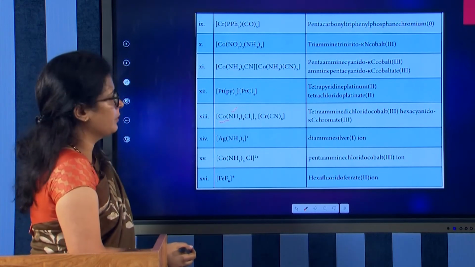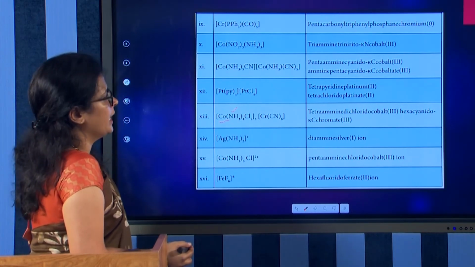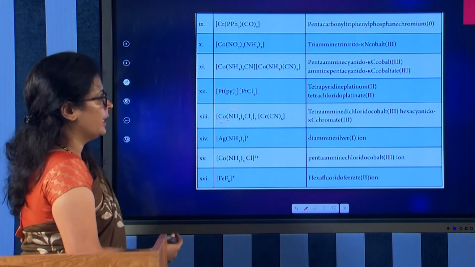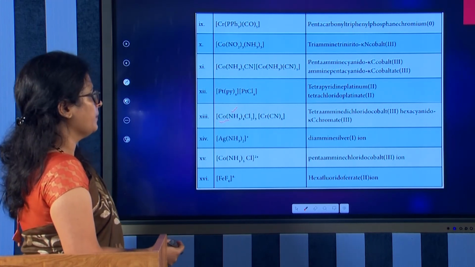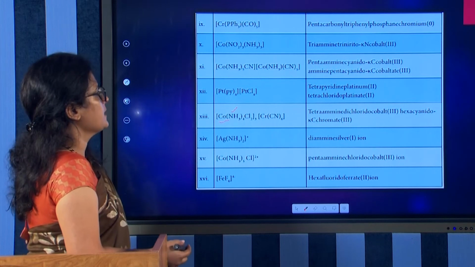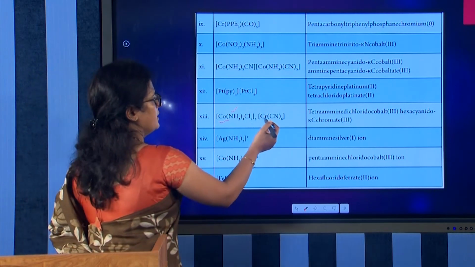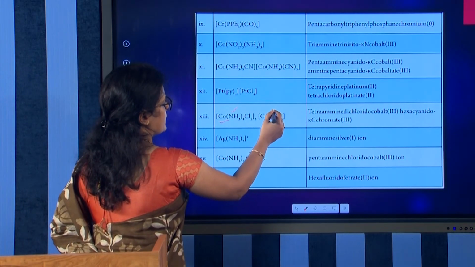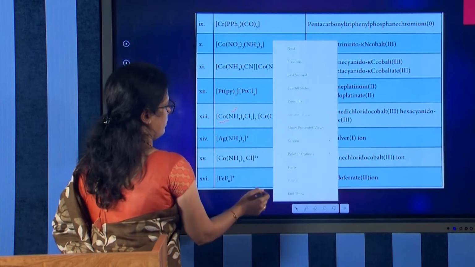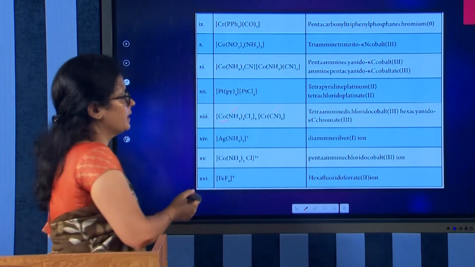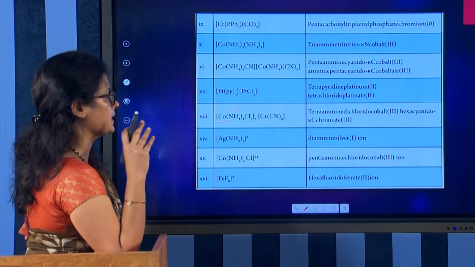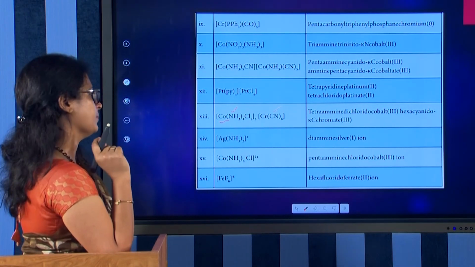NH3 should be named first, tetraammine dichlorido or chloro, dichloro cobalt 3, and next hexacyanido, it contains cyano or cyanido can be used. Hexacyano means it contains 6 cyano ligands, hexacyano chromate 3.